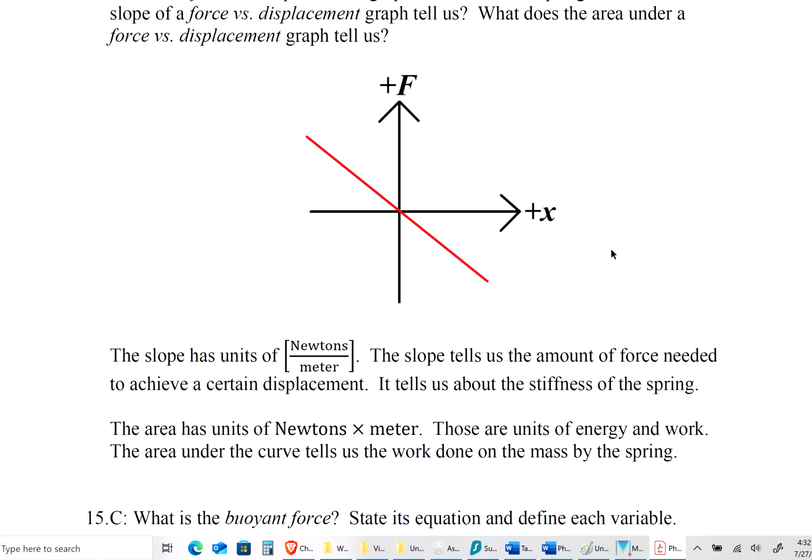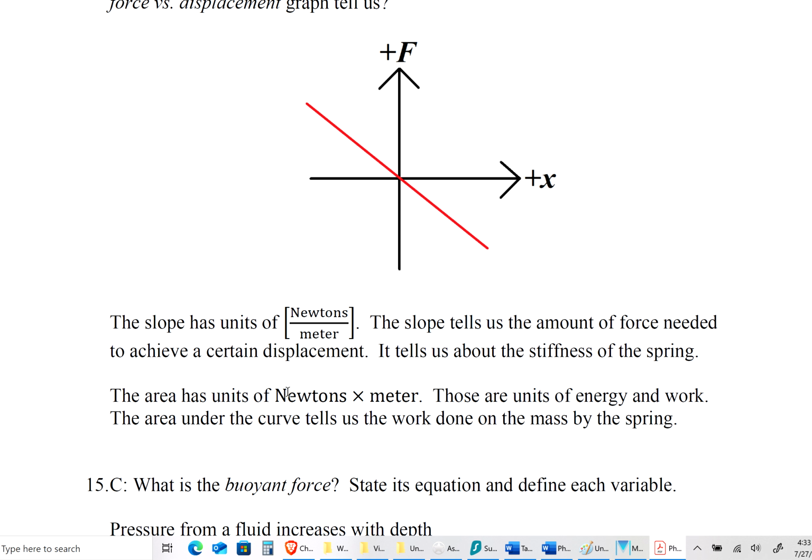The slope has units of newtons per meter. The slope tells us the amount of force needed to achieve a certain displacement. It tells us about the stiffness of the spring. So as we pull the mass from the equilibrium position more, we could determine the force needed to pull that mass from the equilibrium position.